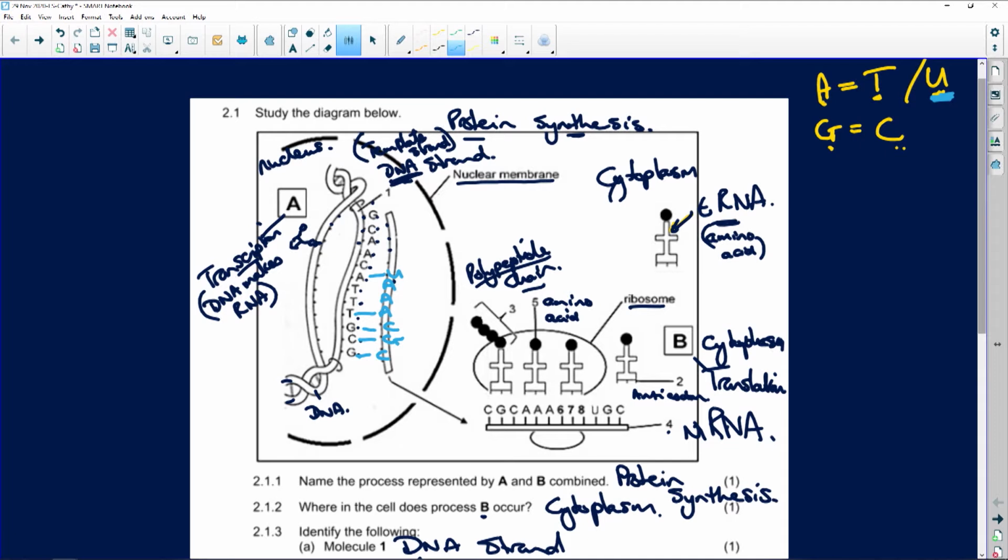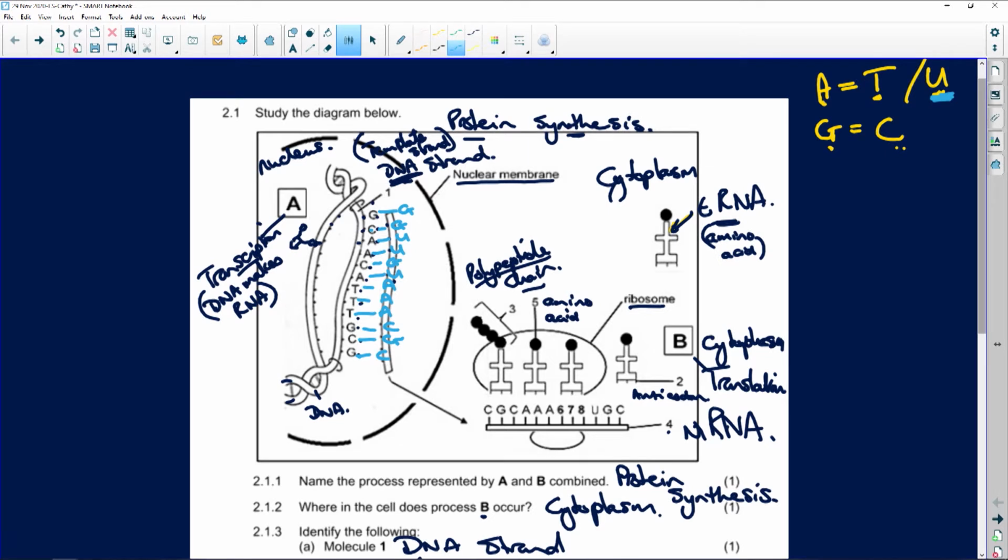Okay? C to G, A to U, A to U, G, C to G, and G to C. All right, so that's our chain.